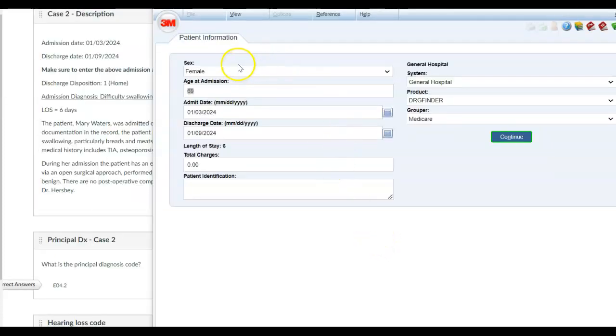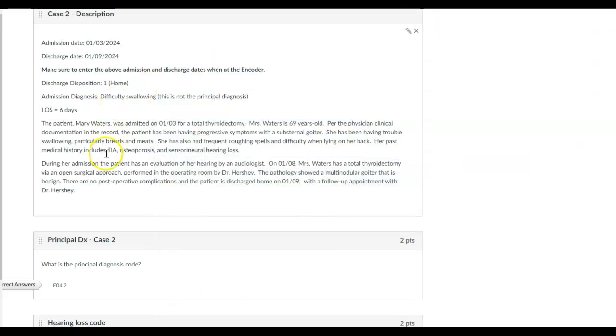Okay, so we have a female, age 69. It is very important, again, that we have the correct year, 1/3/2024. This will make a huge difference. So let's go ahead and see what Marielle has going on. She came in for a thyroidectomy, and looking through that, she has a goiter. She's been having trouble swallowing breads, meats, frequent coughing, difficulty with lying on her back.